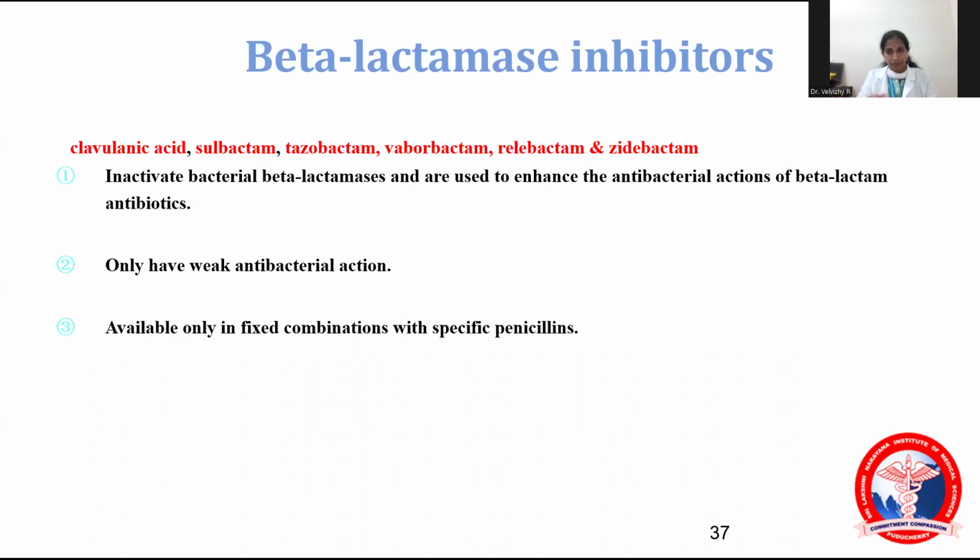Once it destroys the beta lactamase enzymes, this drug itself becomes ineffective. That is why this group of drugs is called suicidal inhibitors. It inactivates bacterial beta lactamase and is used to enhance the antibacterial action of penicillin. They have only weak antibacterial action and are always available as fixed dose combinations with penicillin.